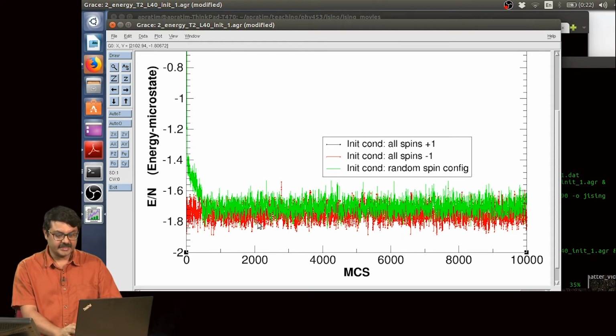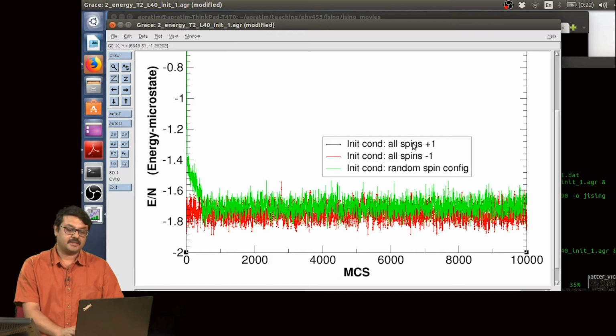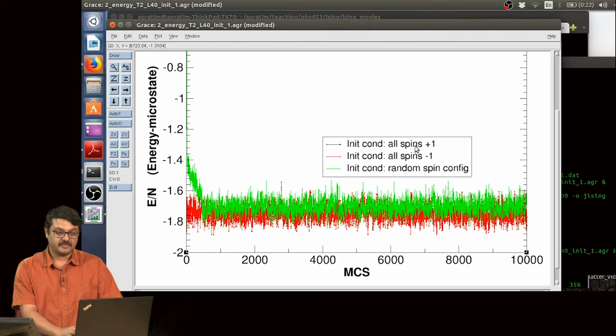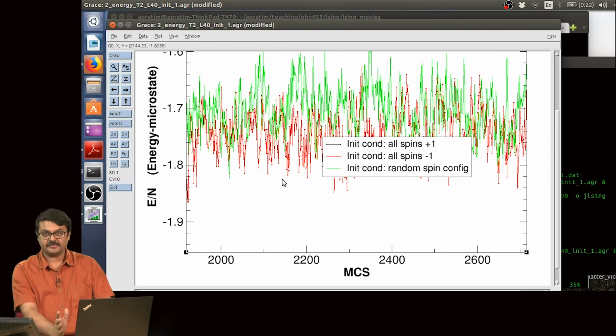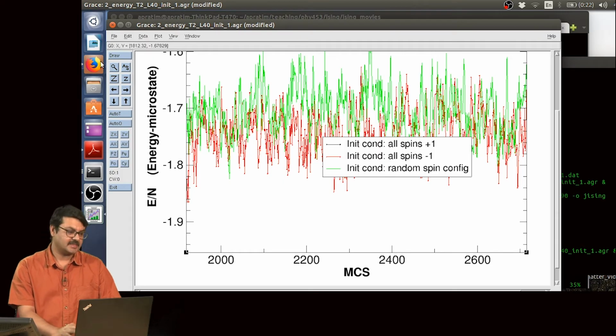So, the red data, where we started with all spins pointing down, and the black data, where all spins were pointing up, are exactly on top of each other. So, let us really look in greater detail, and you see you can't basically figure out any difference between the red and black. So, why is this?